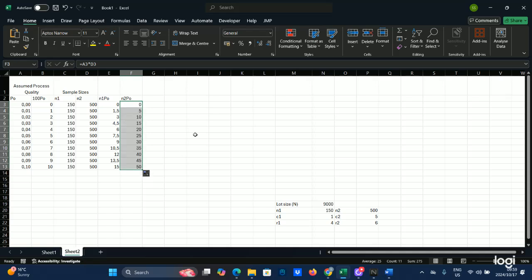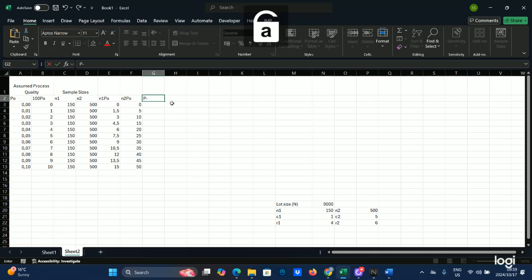So now you can calculate your probability of acceptance for the first sampling plan. I'll name them because we'll calculate a lot of probabilities of acceptance since there's a double sampling plan. I'll just name the probability of acceptance for a double sampling plan as PA underscore 0. So now I'll call this the probability of acceptance for the double sampling plan.